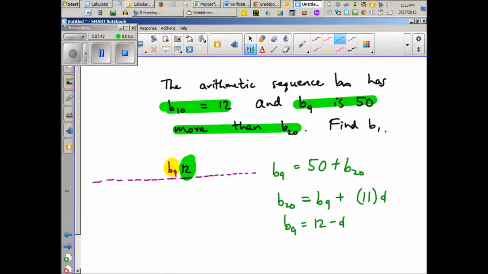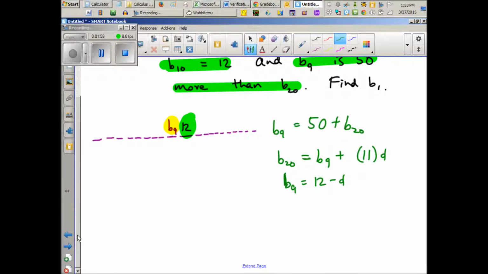All right. So with a little substituting and a little hard work, we can probably figure this problem out. Ultimately we seek B1, but we'll have to get D in the process. So let's make some substitutions. Looking back at our first equation, B9 is 50 plus B20.